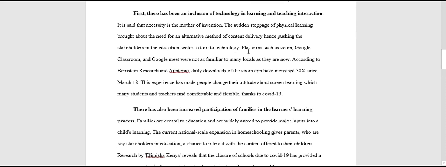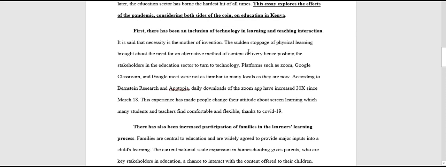And the first paragraph talks about the inclusion of technology in the learning and teaching interaction. So basically, you must have each paragraph talking about a separate or distinct idea. Do not forget what we said, that each paragraph must contain a separate idea.